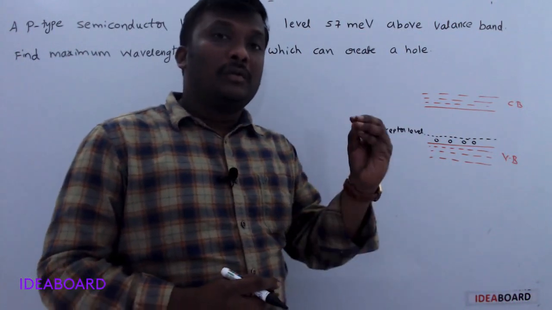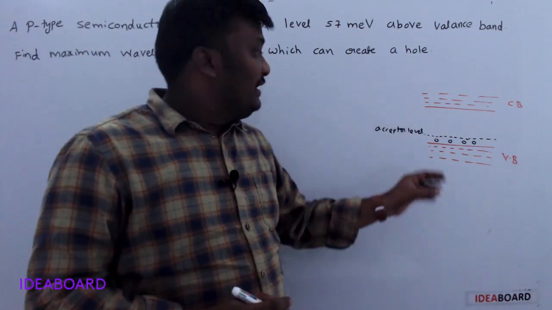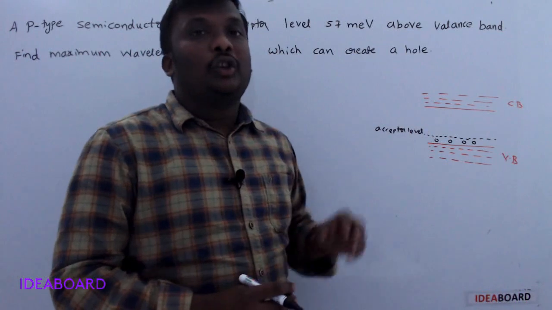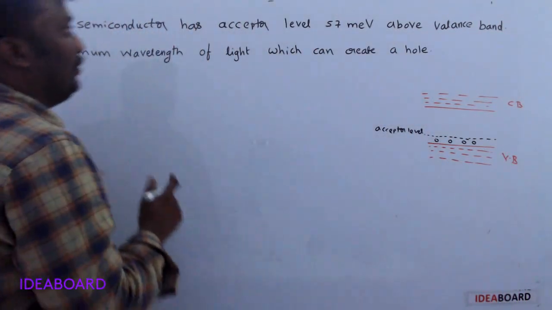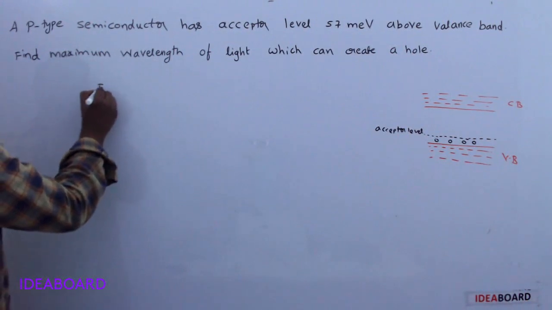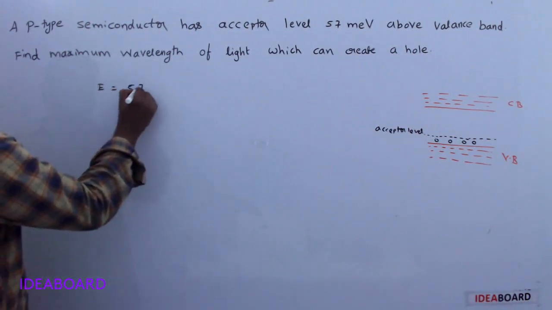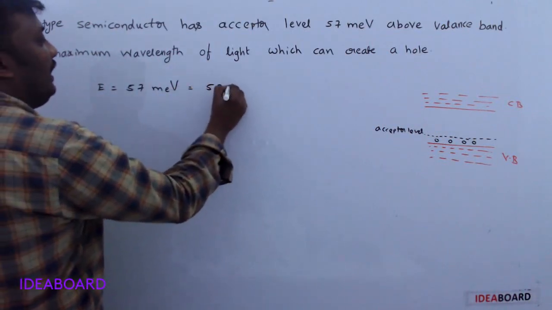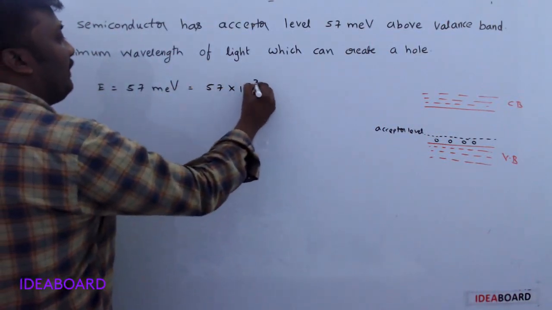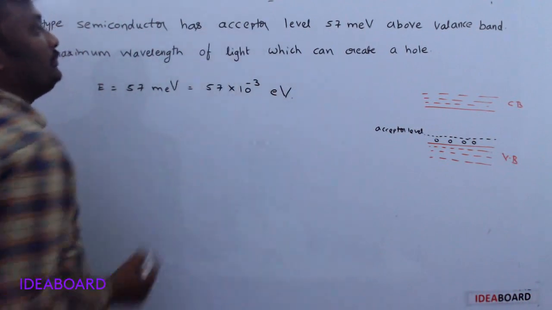If you want to remove an electron present in the acceptor level, you must give this much energy. How much energy did they say? E is equal to 57 milli electron volt. Milli indicates 10 power minus 3 electron volt.